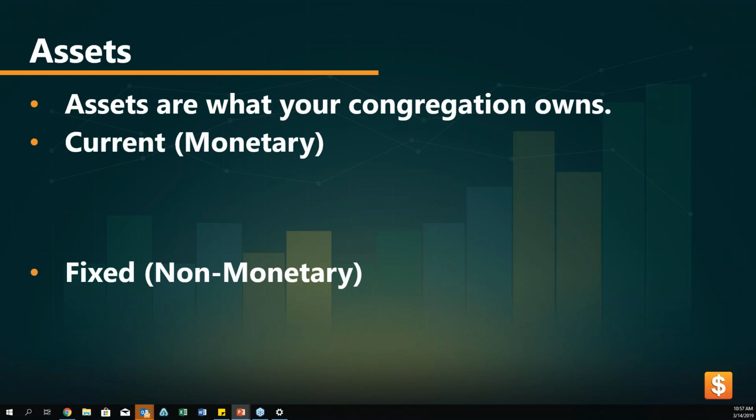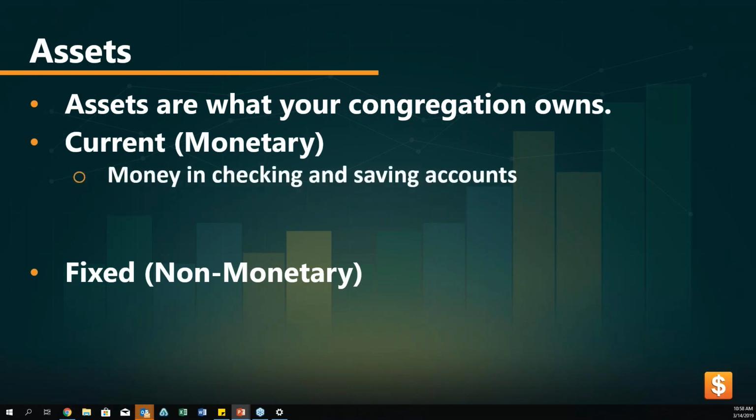I think of current being monetary and fixed being non-monetary. When you're thinking about current, this is going to be the money in your checking and savings accounts. It also could be certificates of deposit. Lots of churches have CDs. It also could be stocks that the church owns. So if there's money in those areas, you would record these as assets and they would be considered current.